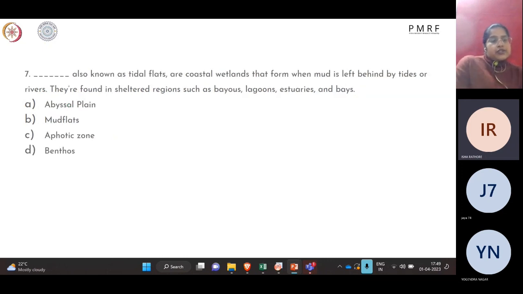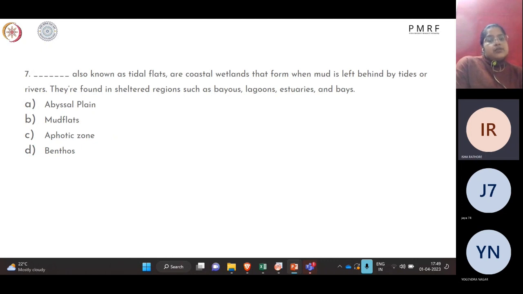So moving on to question seven, dash is also known as tidal flats. So these are coastal wetlands that form when mud is left behind by tides or rivers, and they are found in sheltered regions such as bayous, lagoons, estuaries, and bays. Is it A, abyssal plain, B, mud flats, C, aphotic zone, or D, benthos?